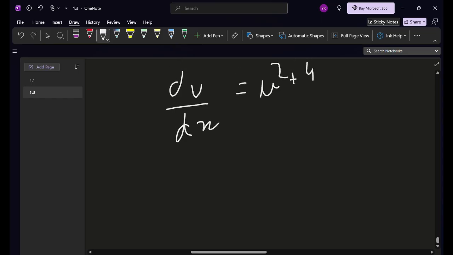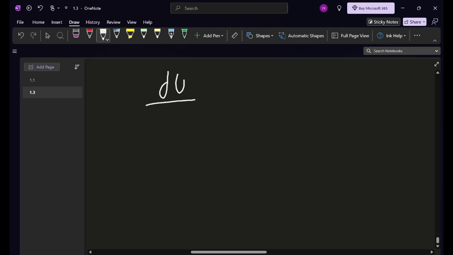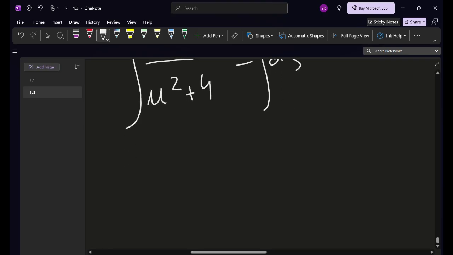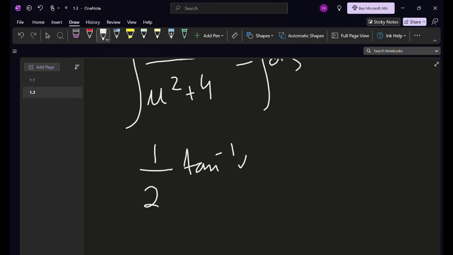Now sending the variables over, we take the u terms over here. du by u square plus 4 is equal to dx. Then we integrate this by a formula. By an integrating formula, we get 1 by 2 tan inverse u by 2 is equal to x plus c.